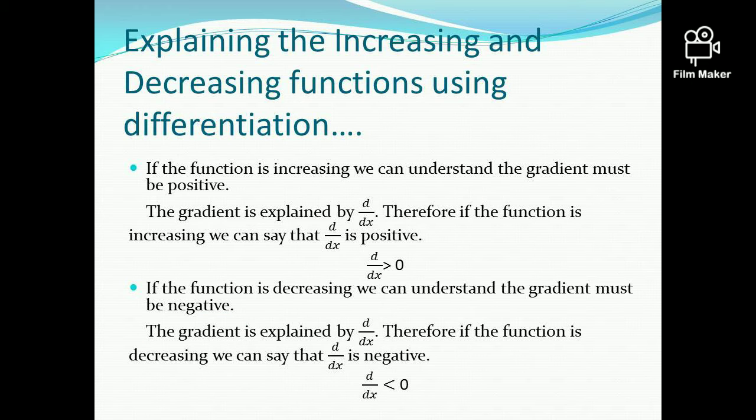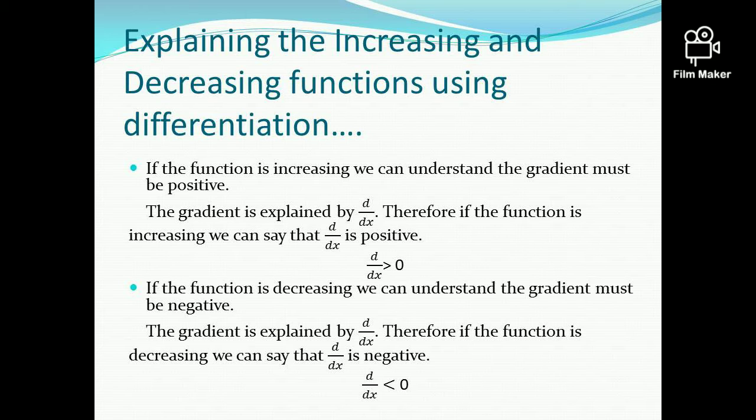If you refer to our previous videos about differentiation, I hope you have a very good idea about positive gradients and negative gradients. If you refer to the diagrams of positive gradient graphs, you can simply understand that all of the graphs have a positive gradient.